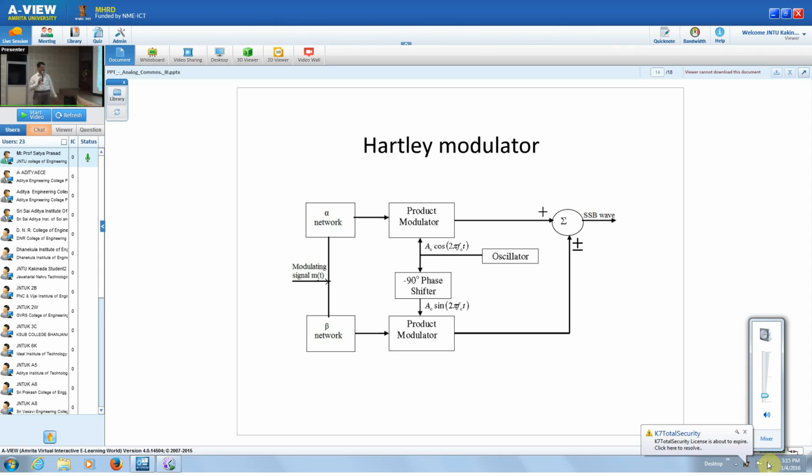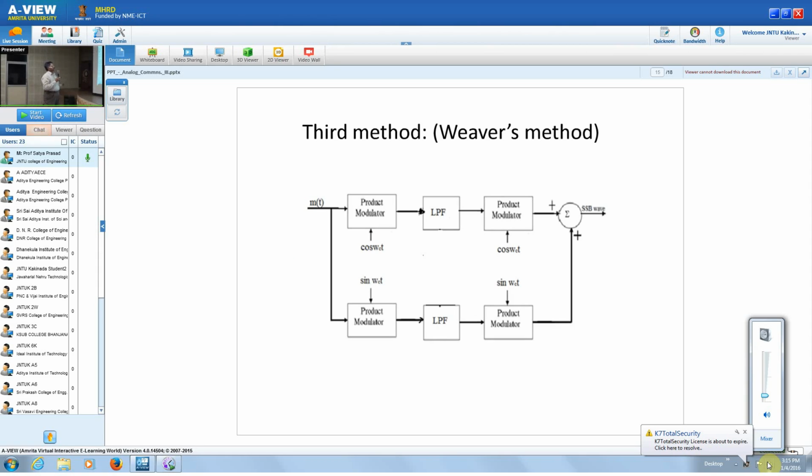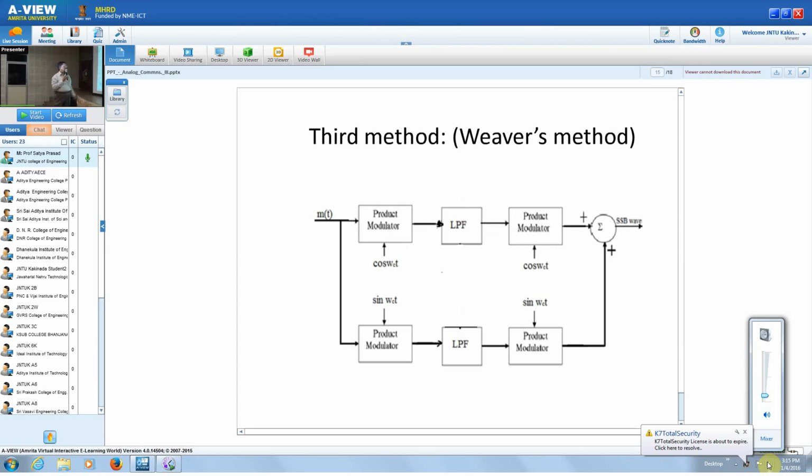The third method that we are going to have, again without any shift in these frequencies, we have these two modulators, and we are having a low pass filter.